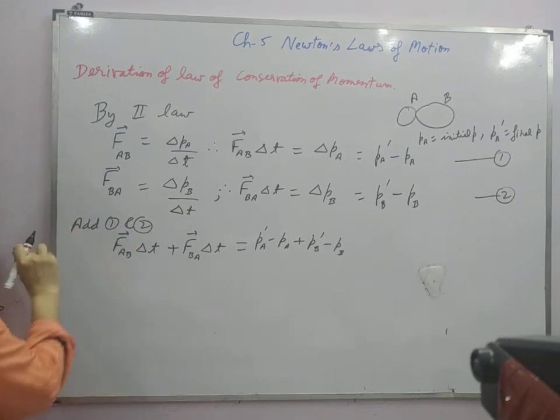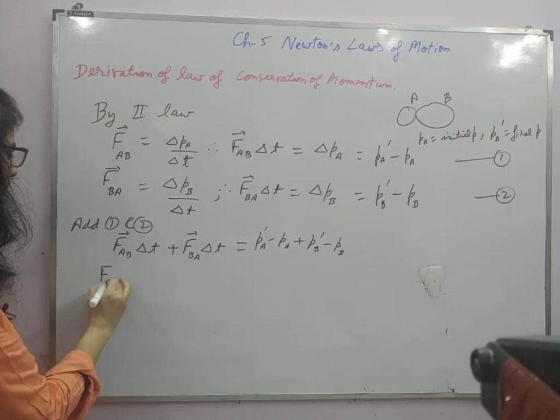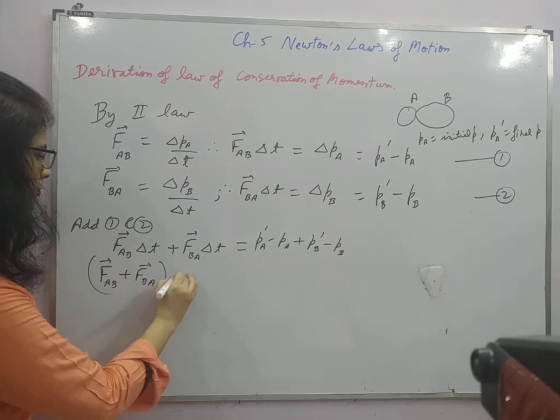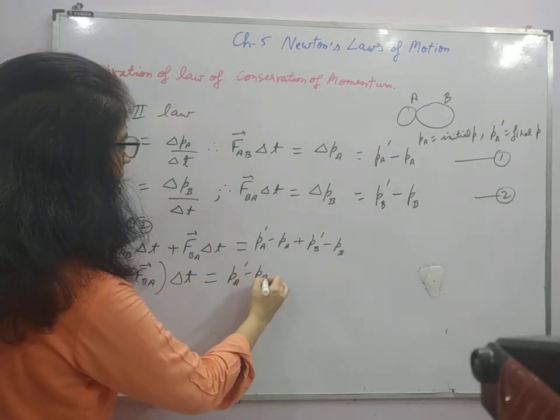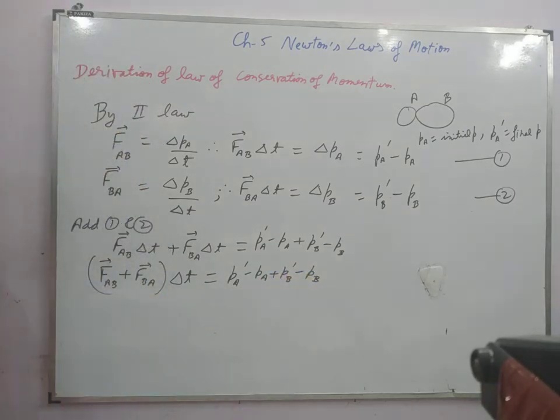Taking delta T common, (FAB plus FBA) into delta T is equal to PA dash minus PA plus PB dash minus PB, right?